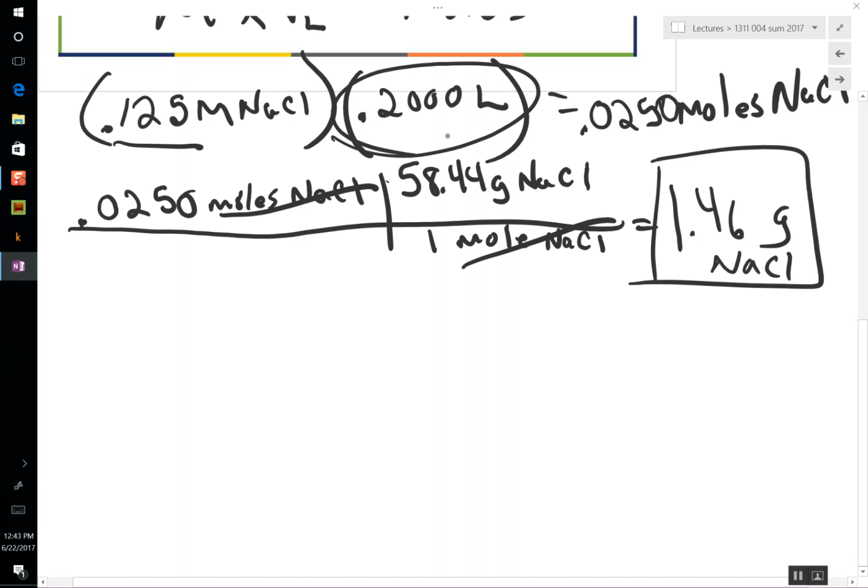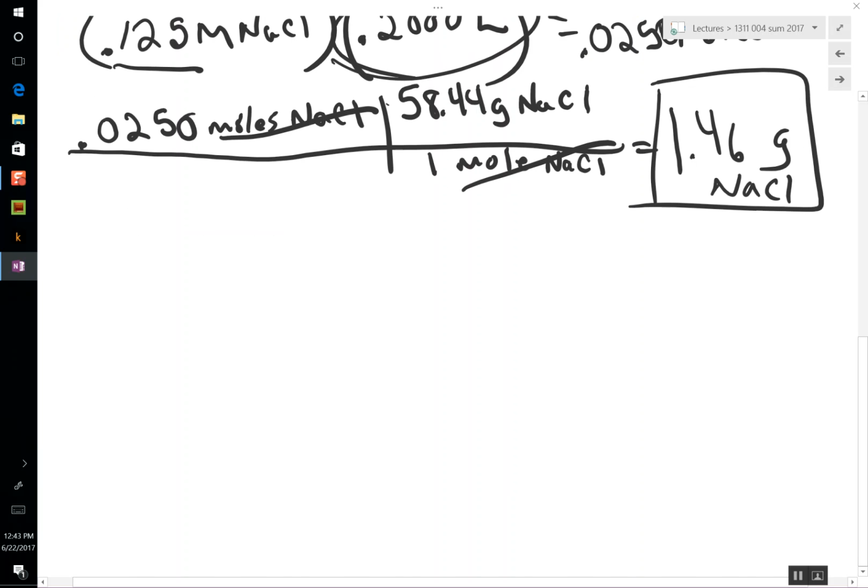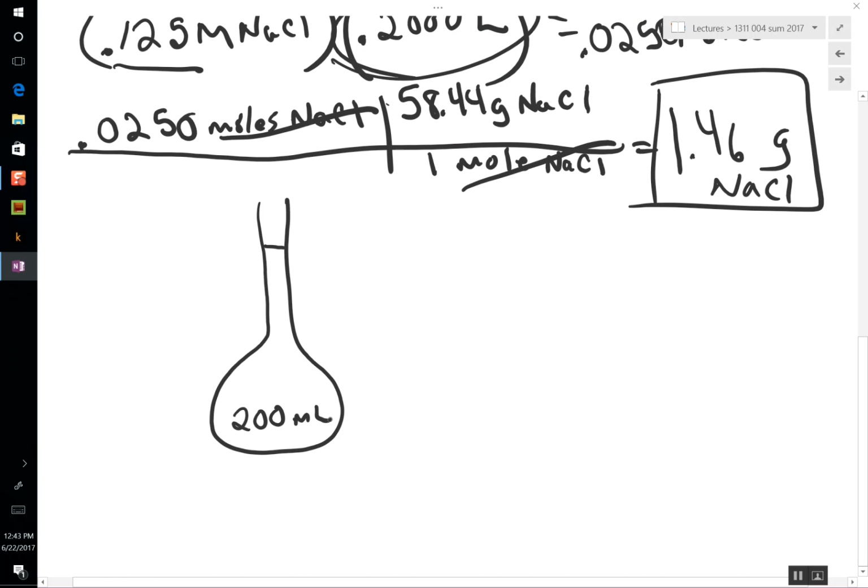I have indicated I wanted 200 milliliters of this. So they're going to go find a 200 milliliter volumetric flask. And what are they going to do? They're going to weigh out 1.46 grams of sodium chloride and dump it in the bottom of this flask.